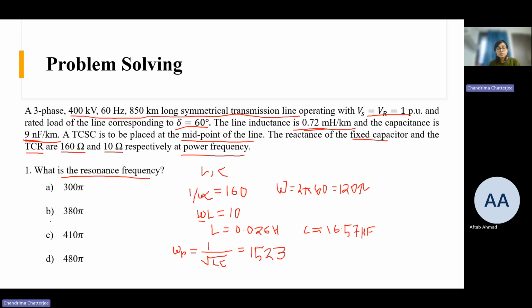But here the options are given like this: 300 pi, 380 pi, 410 pi, 480 pi. So we will have to see which is the closest one. The closest one I am getting is option D, 480 pi. If you multiply 480 with pi, you will get a value near about this. So option D is the correct option.